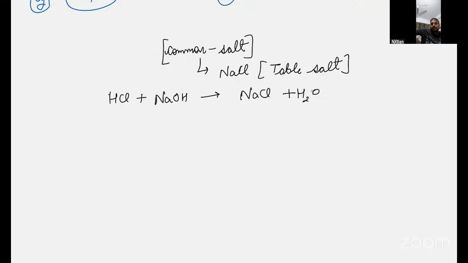Sea water contains many salts dissolved in it.